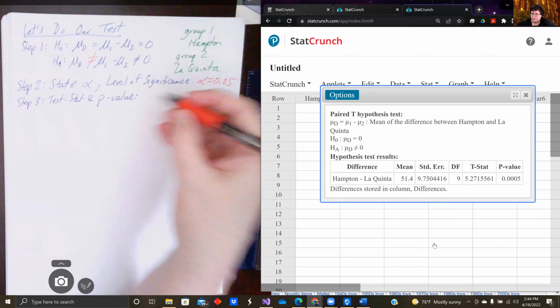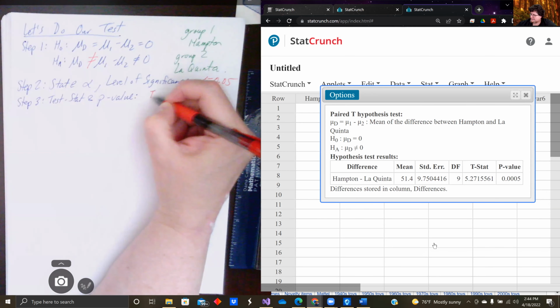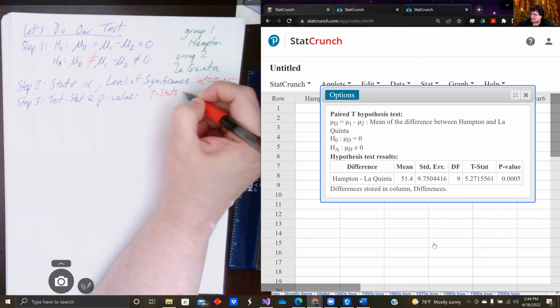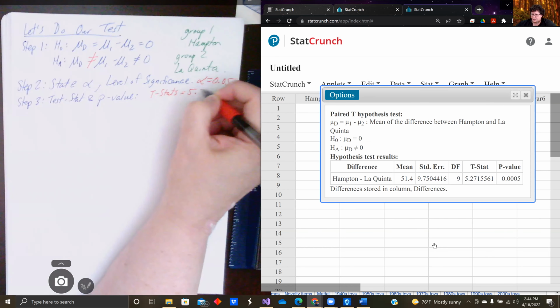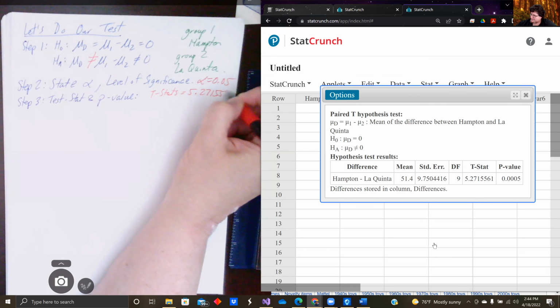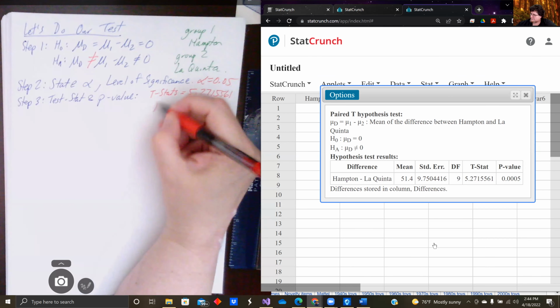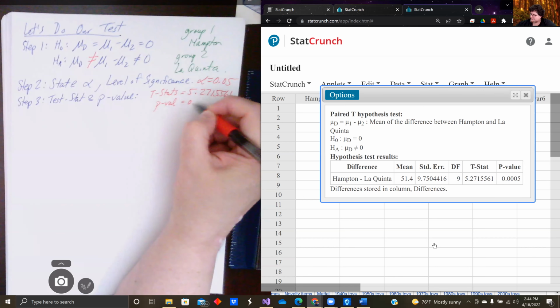So when I click compute, it gives me my T-stat is 5.2715561. And it says my p-value is 0.0005.